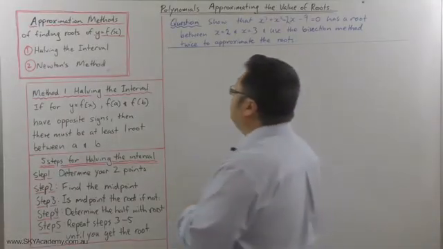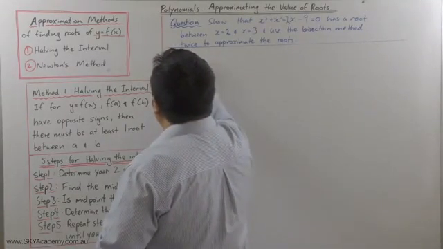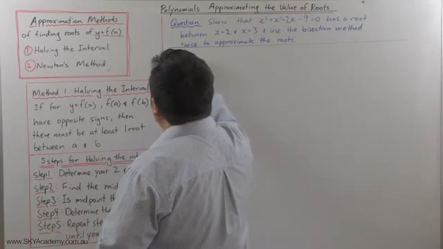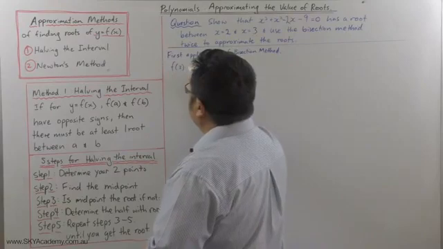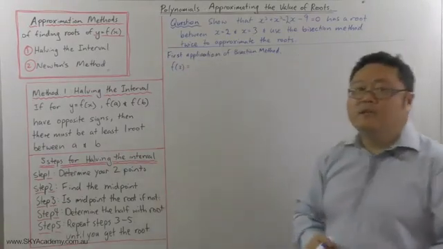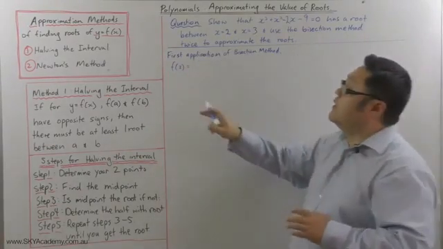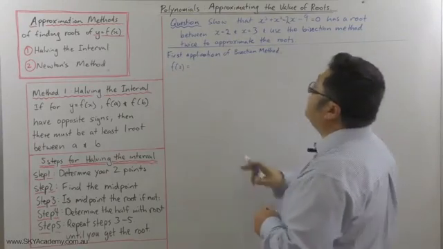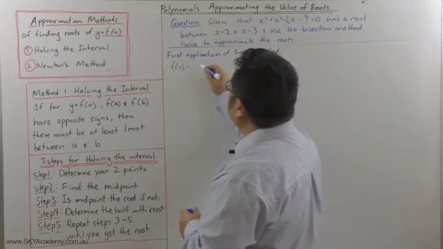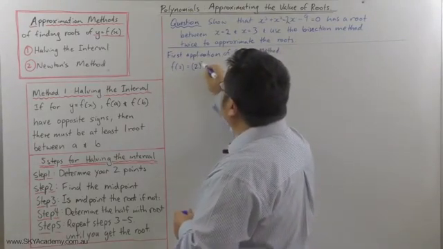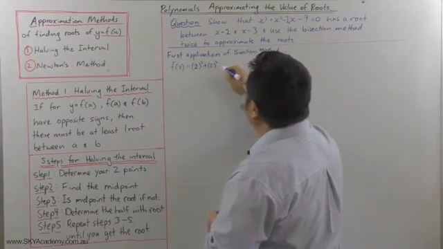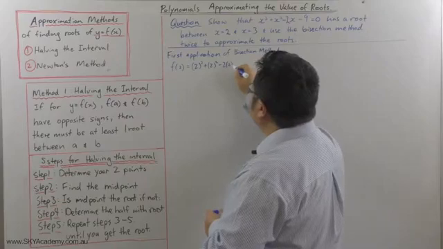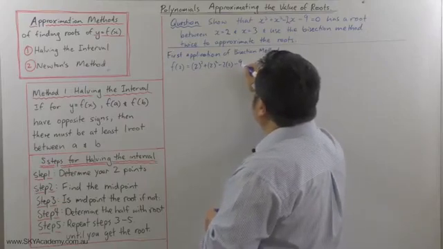So, first application, we just write first application. The first application of the bisection method requires us to substitute 2 in. All right, so let's find f of 2. It's going to be 2 cubed plus 2 squared minus 2 lots of 2 minus 9.